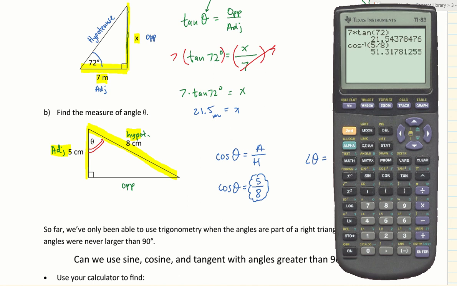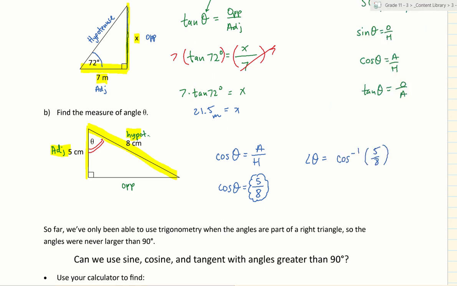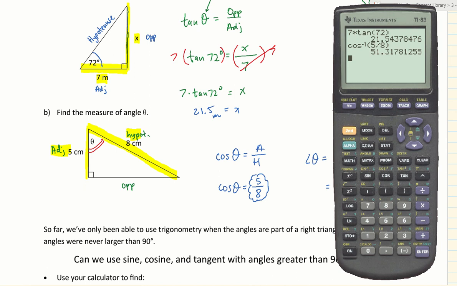So that's 51.3 degrees. You guys hopefully did lots of that last year. If you have calculators this year, obviously if you have the TI-83, that's the one I'm using on my screen. But if you don't have that, make sure you're in the correct mode.